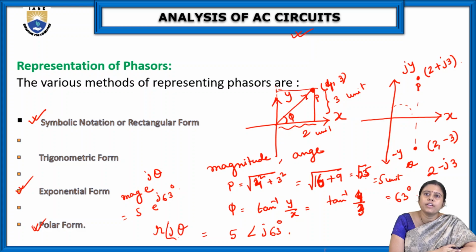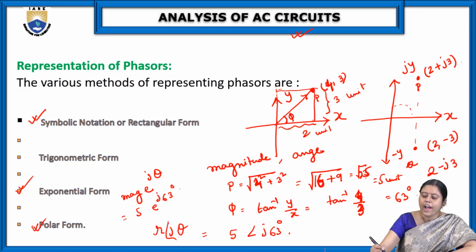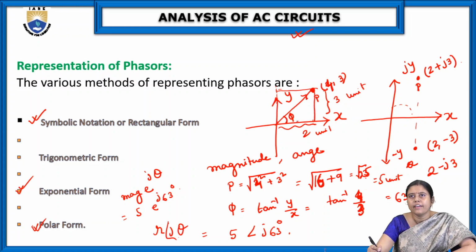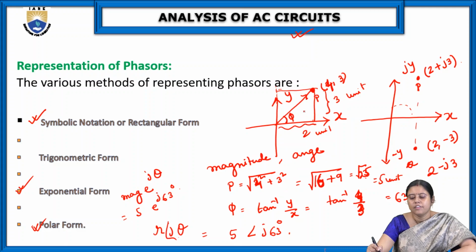Trigonometric form means we can write the equation in sine and cos form. If we know the angle, we know the value. This is the cos and this is the sine, so the value is 5 cos phi plus j 5 sine phi.